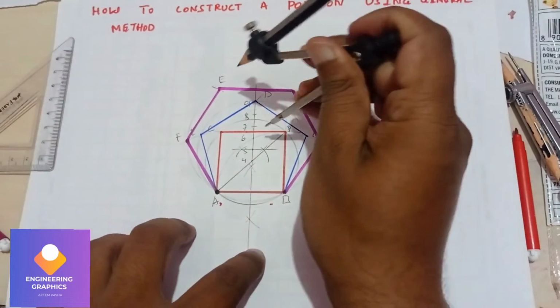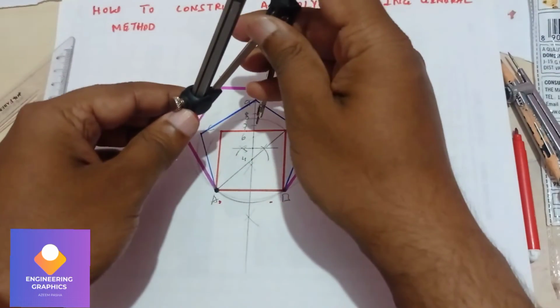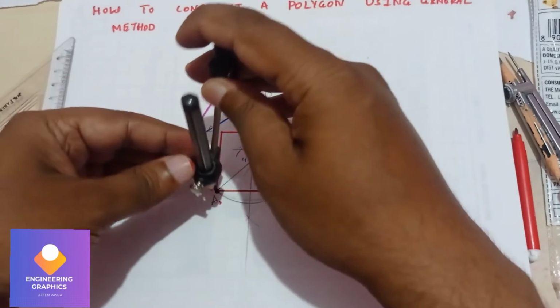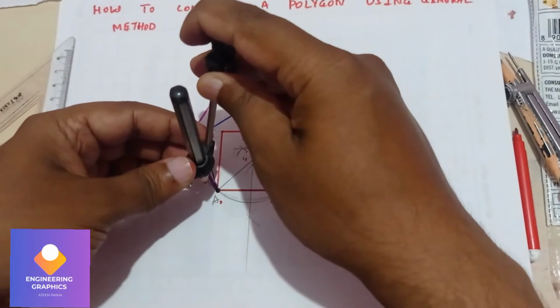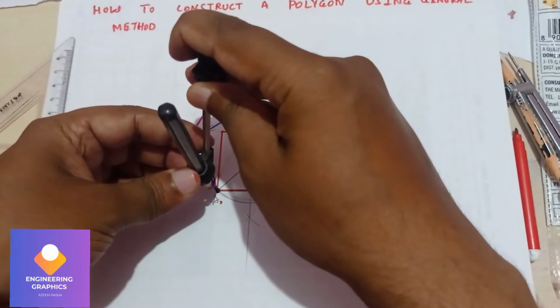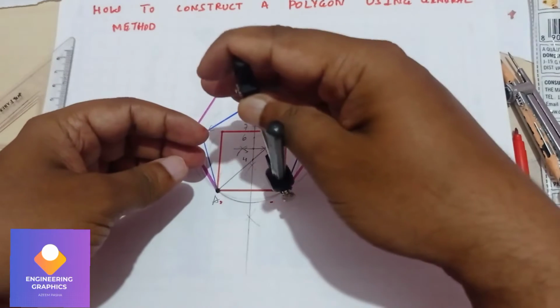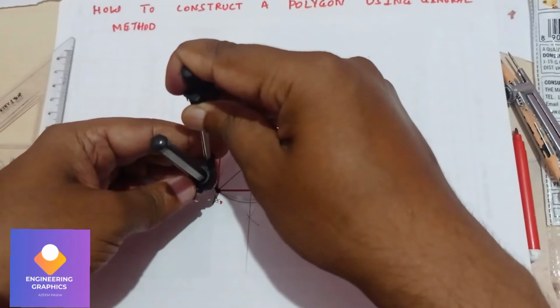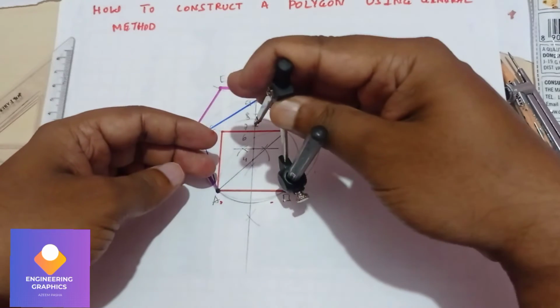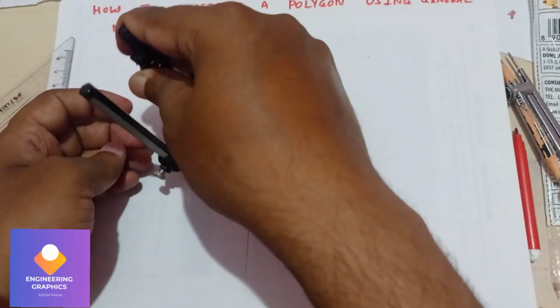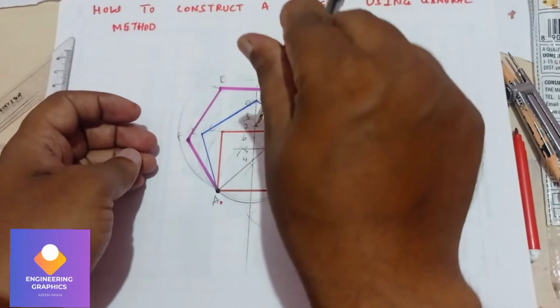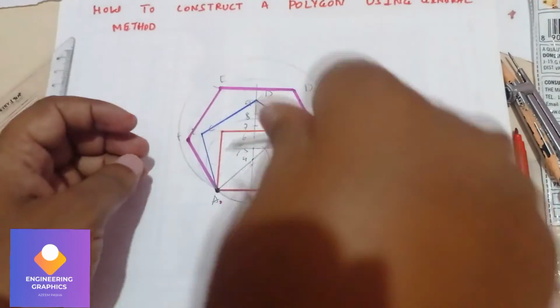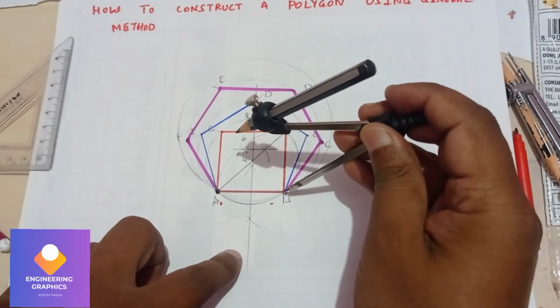So this is the hexagon. Now the same way we construct the heptagon here. Measuring the length from 7 to A, so measure it properly. Now measure exactly the 40 mm.